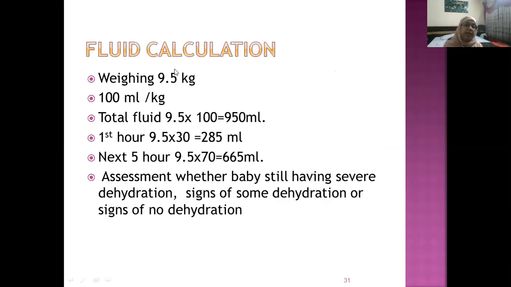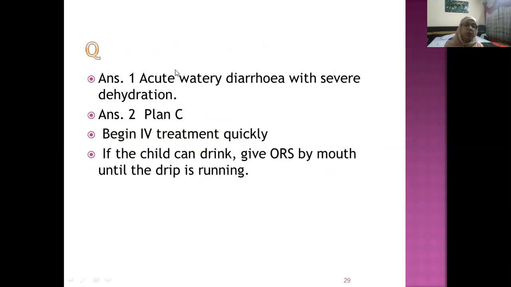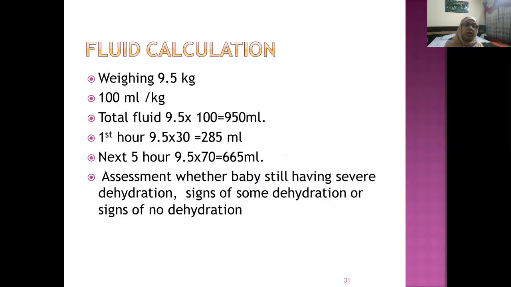First hour, as per the age of the child, as I have told you, if the age of the child is less than 12 months, in the first hour you have to give 30 ml per kg. So total fluid in the first hour will be 9.5 kilogram into 30, that is 285 ml.